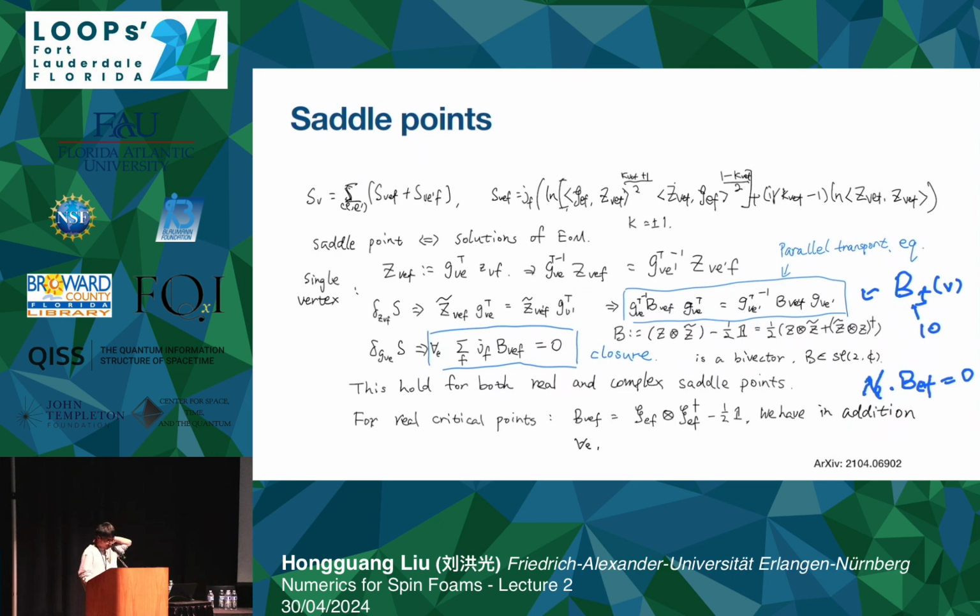One more thing I want to say is that for this equation of motion, you can also try to find complex solutions. The reason is that these equations are polynomials. They can be written as polynomial equations of your basic variables. And we know polynomial equations always have solutions, and the number of solutions is given by algebraic variety theory, and of course many of them will be complex.